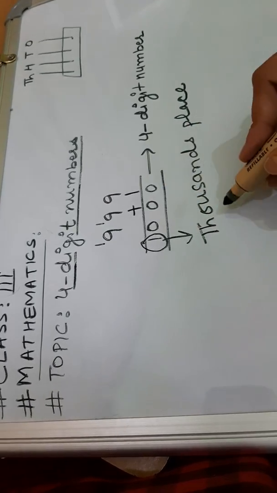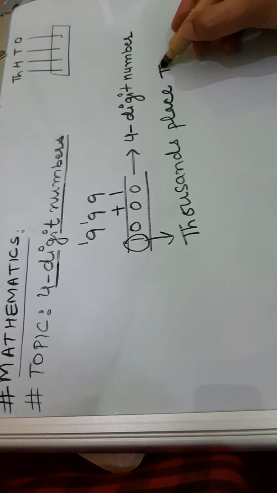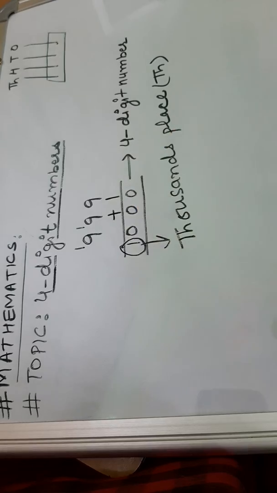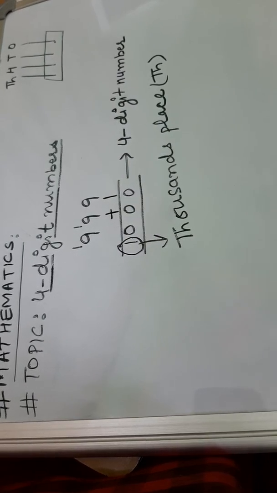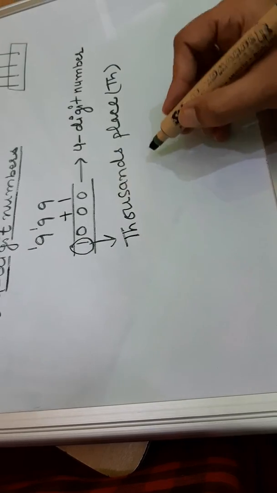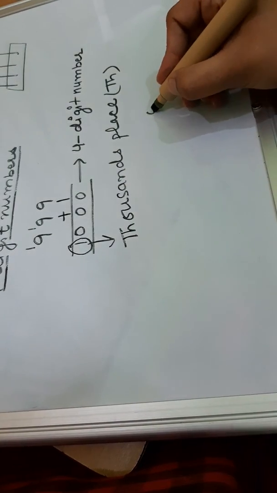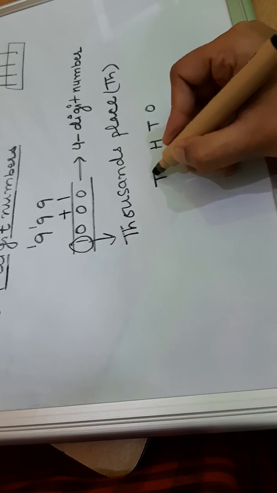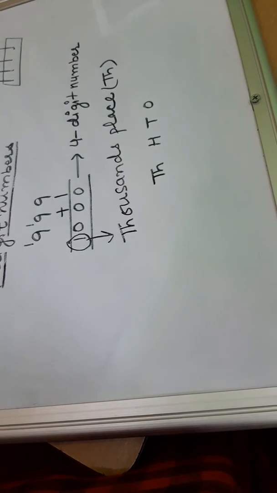And we are going to represent it by TH. Okay? So how are we going to read this number now? Let us take an example. Ones, tens, hundreds and thousands. Now there are 4 places.